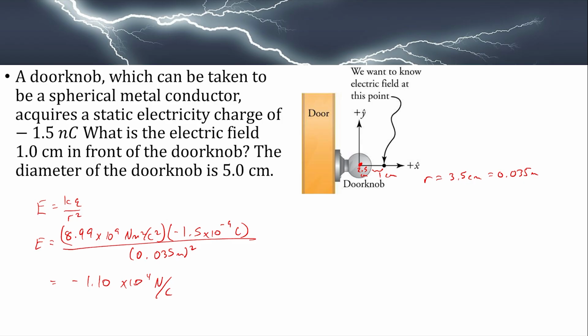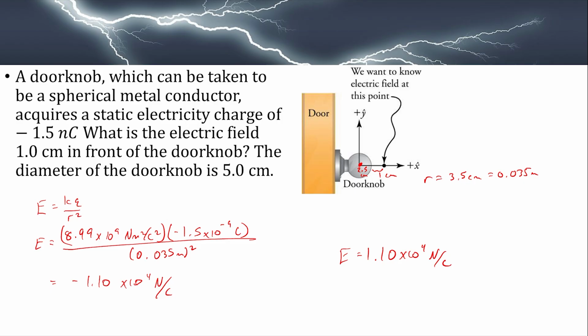Now, what does the negative mean? The negative means that it was made by a negative charge, but that doesn't really tell us much about the force, since the negative usually indicates direction. So we're going to say our electric field is just the magnitude, 1.1 times 10 to the 4.